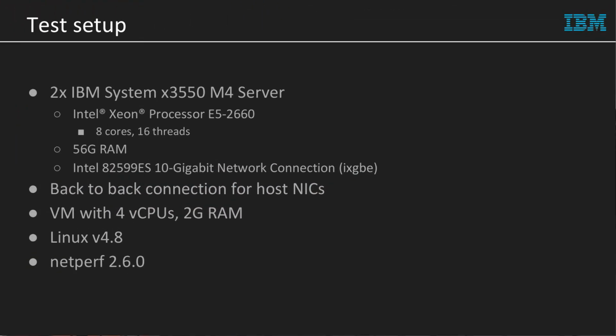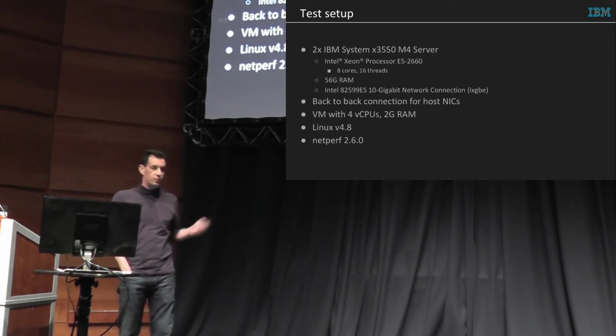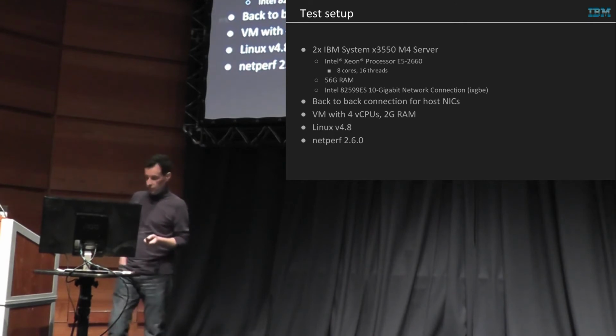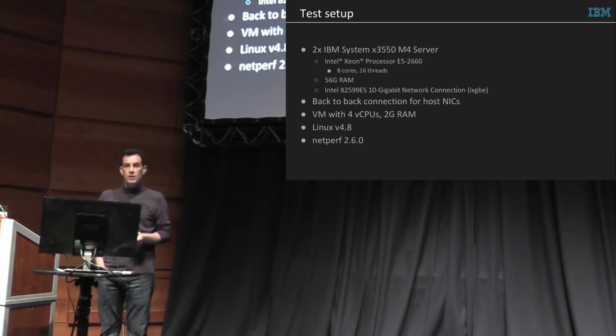Now, a little bit about what we tested and what we were able to find out, and why we think we couldn't achieve improvements with what we proposed. So we had two server systems connected back-to-back with 10 gigabit Intel NICs.